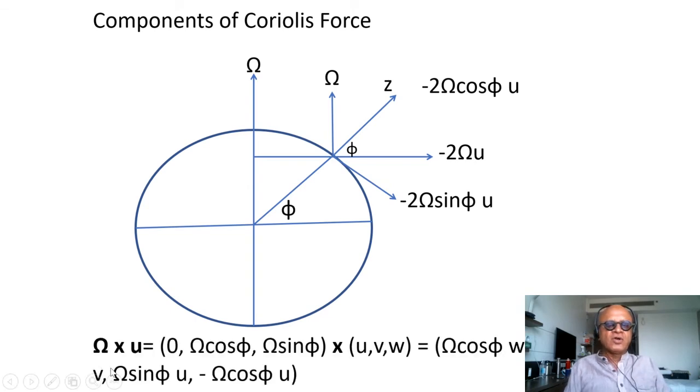So omega cross u in that sense is written as (0, omega cosine phi, omega sine phi) cross with (u, v, w). So you're going to end up with these three components, and with the hydrostatic assumption we will see what happens to this. This is 0 because it's in the vertical or gravitational direction, much smaller than gravity, and this is in the meridional direction.